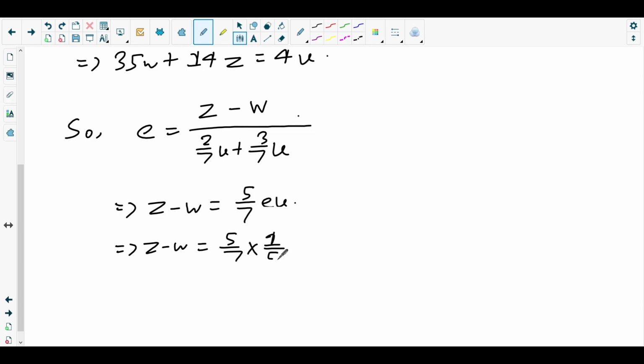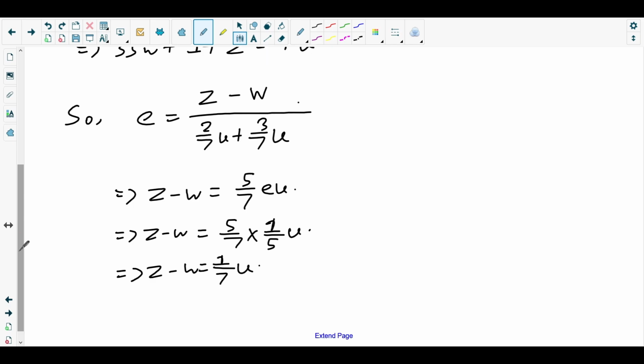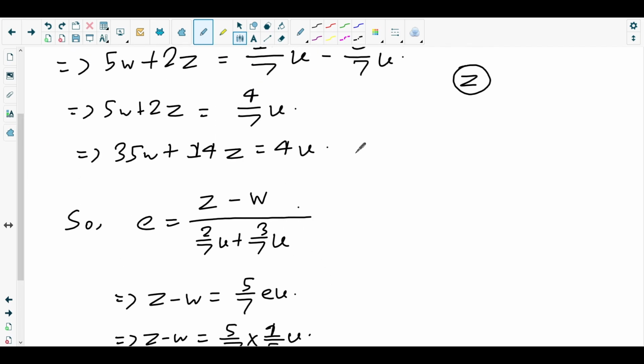The coefficient of restitution between P and Q is 1/5. So Z minus W is basically 1/7 u. Now multiply both sides by 7, and you will get 7Z minus 7W equals u. This is the second equation, and we got the first equation earlier.